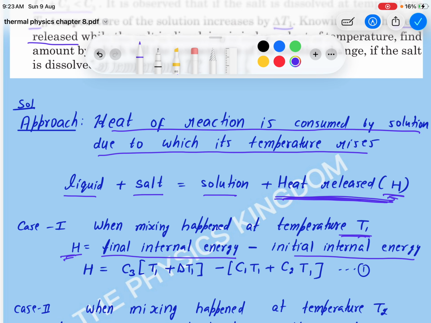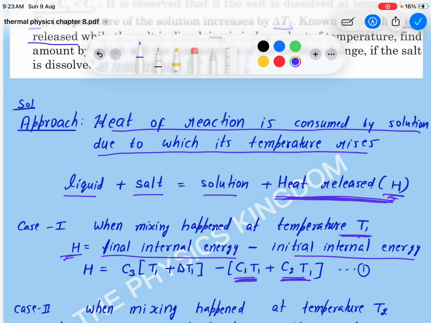Just like for gases you write internal energy as n F by 2 RT, and this F by 2 R is basically CV. So n CV into T, you write internal energy like that only. If specific heat is known, then you can write internal energy. Or the heat capacity is known, since mass into specific heat is heat capacity. So that is the internal energy initially, right? For the liquid as well as the salt, right?